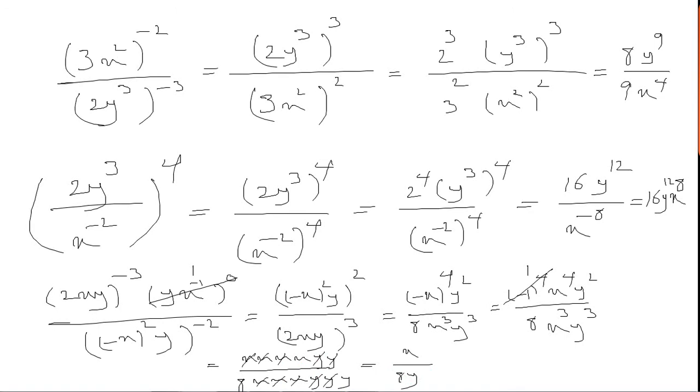Another thing I could do was I could do this. I could say from here, this is x to the power of 4 minus 3, so 1, and y to the power of 2 minus 3, so negative 1, and this 8 is just 1 over 8.